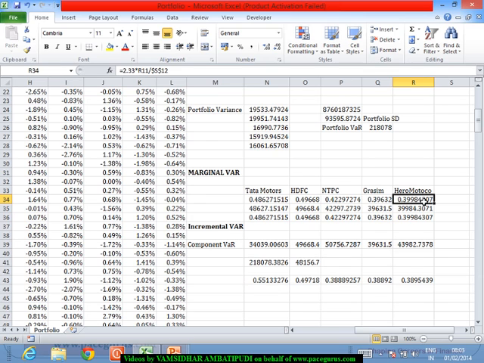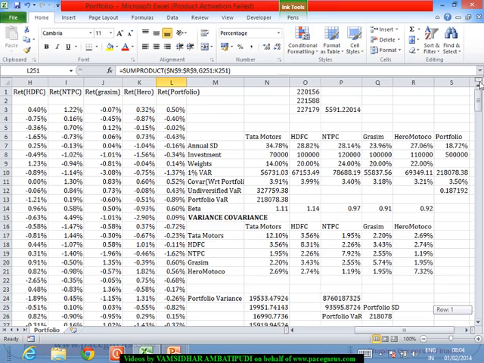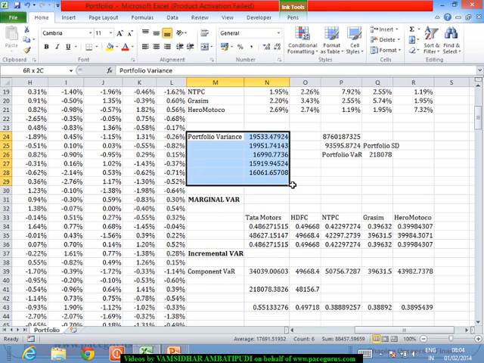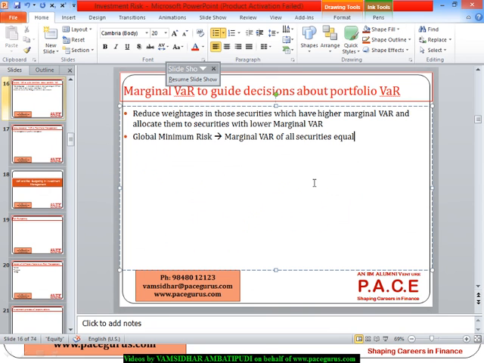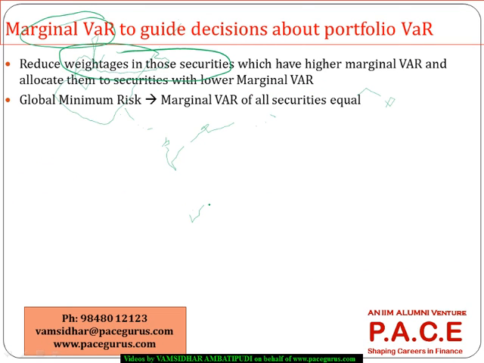And if I want to bring out the global minimum risk scenario, a global minimum risk portfolio, the ideal scenario always is to make sure that the marginal VARs of all of them are equal. If I see that the marginal VARs of all these securities are equal, that is what will result in a global minimum portfolio.